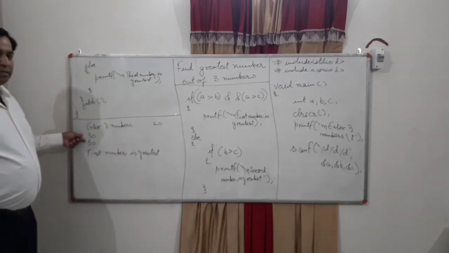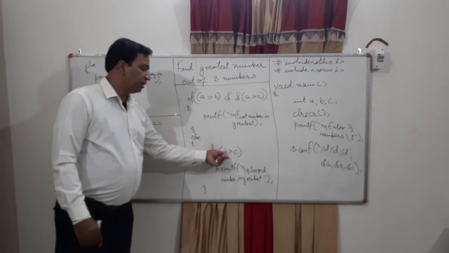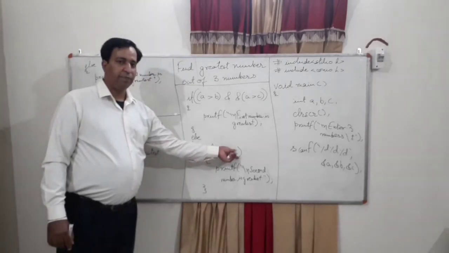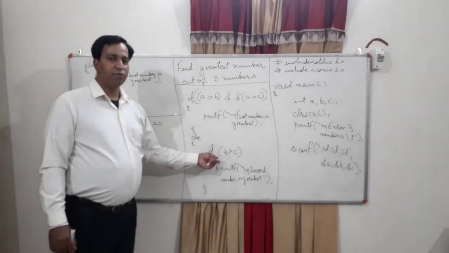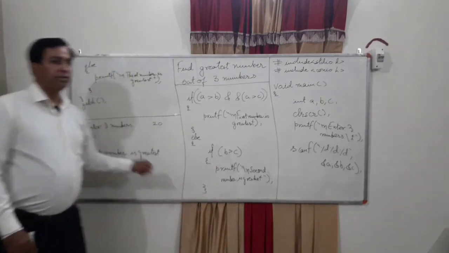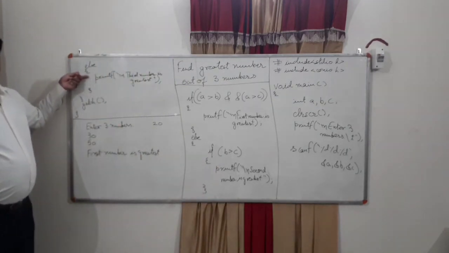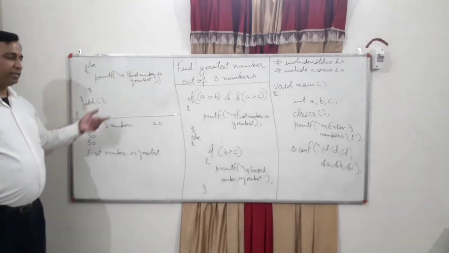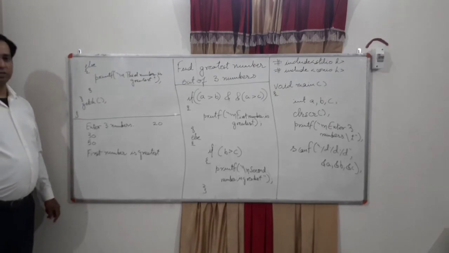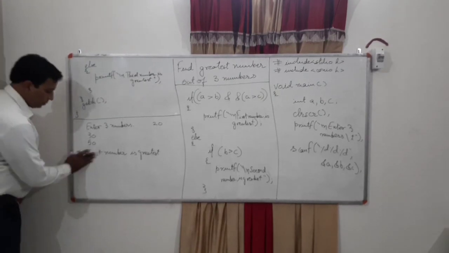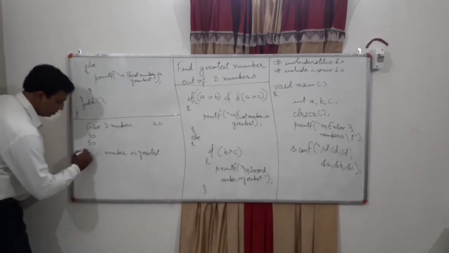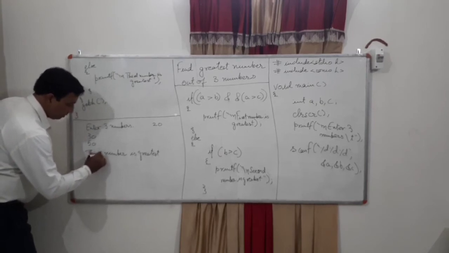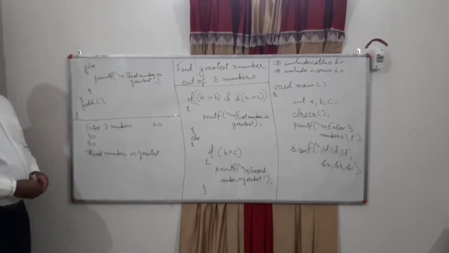Here in else we are checking 30 is greater than 50. Again this condition comes false. The control will be shifted to else segment. Here in the else segment we have only one statement, print third number is greatest and program exits there. Okay. So in this case your answer will be third number is greatest.